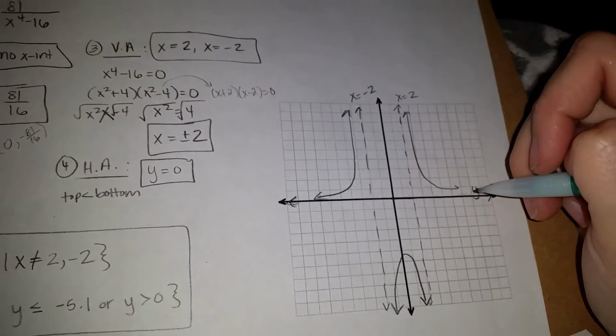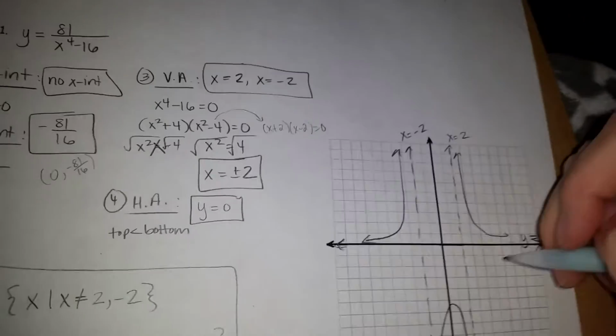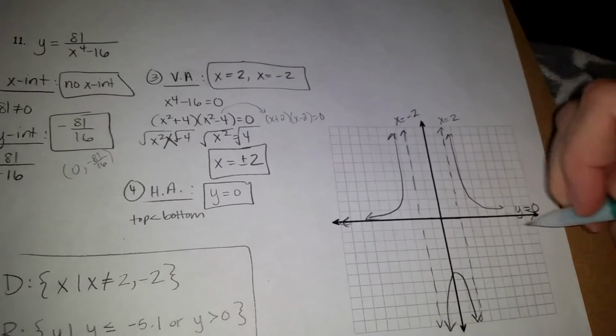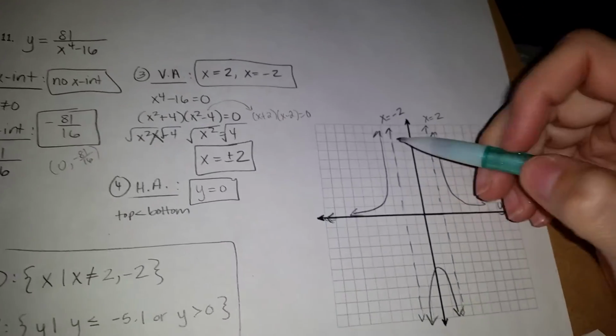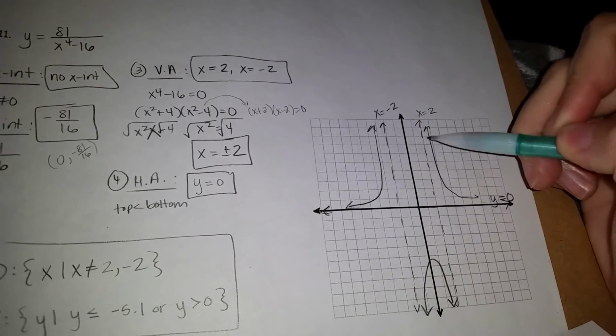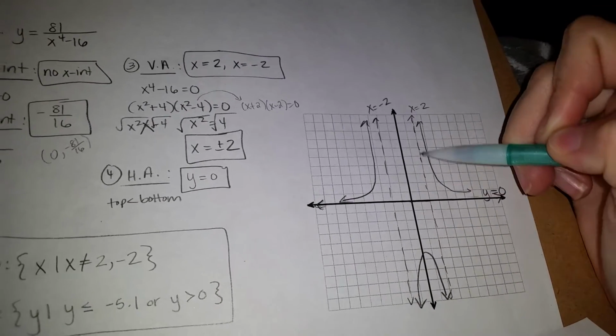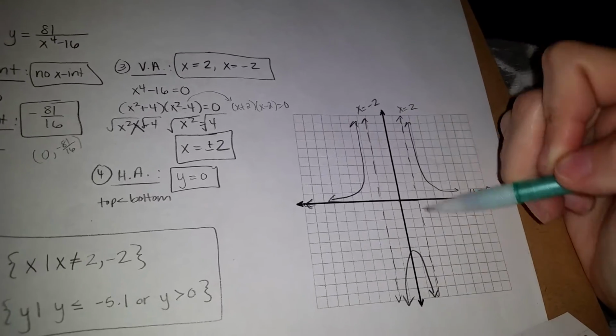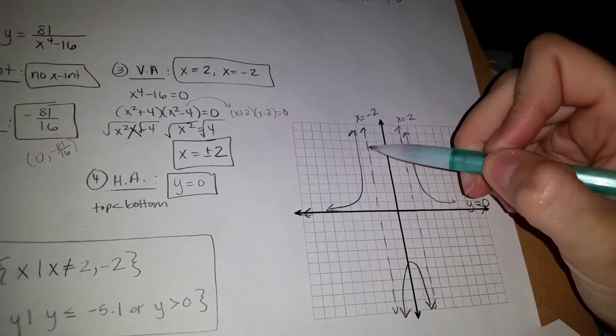You can also, if you have a highlighter, that's perfectly fine, but I'm going to be looking for if you have this labeled. And then your asymptotes here, they're dashed lines. They need to be dashed lines. If they're not dashed lines, then that indicates it's part of the graph. And these are just going to be the asymptotes of your graph.